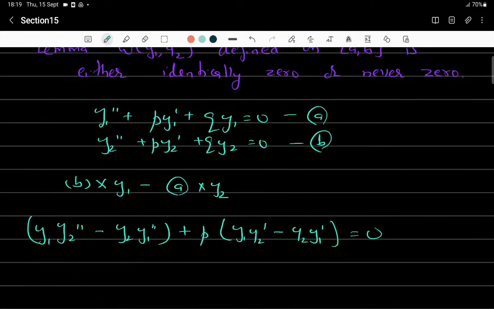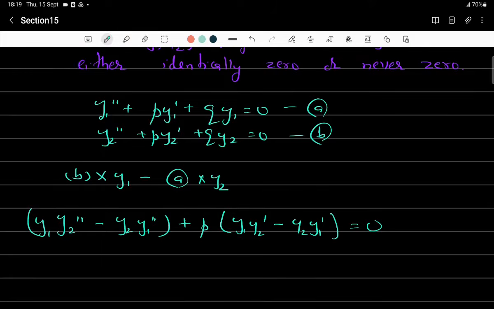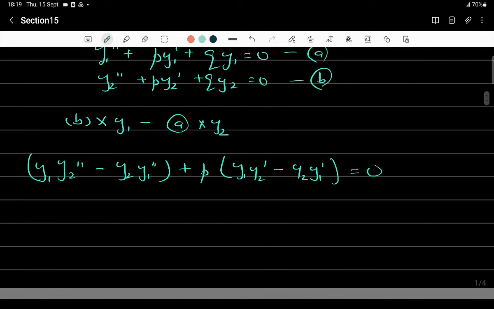Now let's see how we solve it further. Can you identify what this differential equation represents? If you look at it clearly, you will see that this is simply W, and this is W dash, because when you find W dash, it is y1 y2 double dash minus y2 y1 double dash, and the other two terms, y1 dash y2 dash, would cancel out.